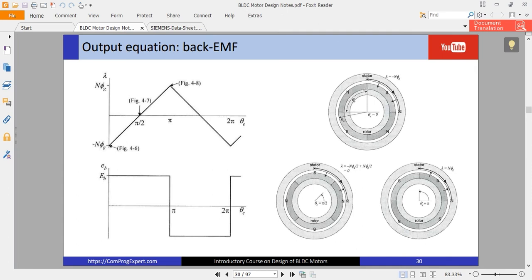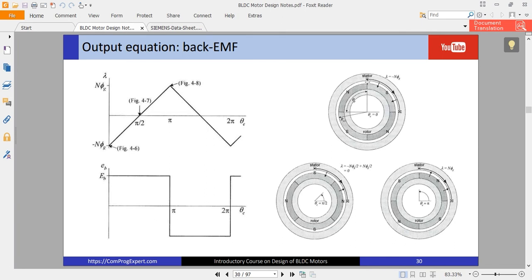So the flux linkage is equal to negative N phi_g here. That is the gap flux, or pole flux under one pole. N is the number of turns in this coil.